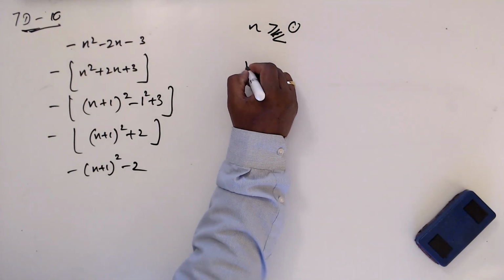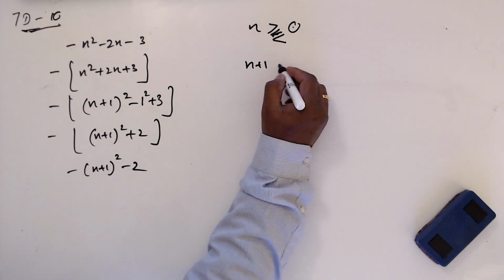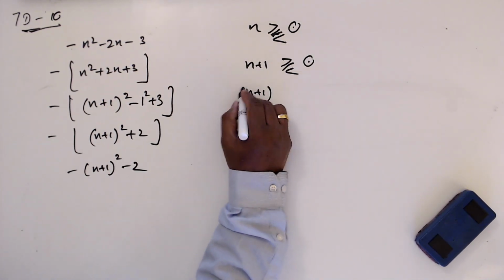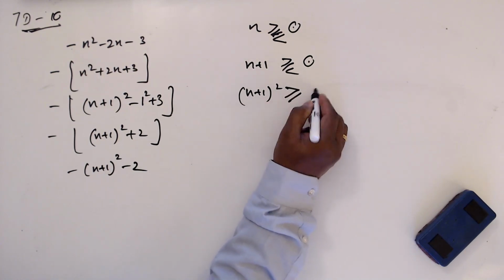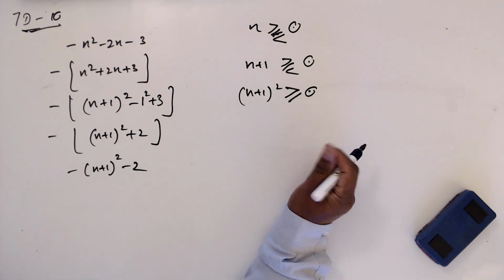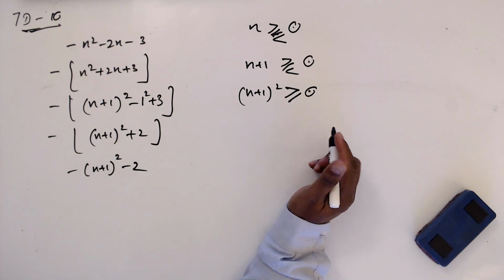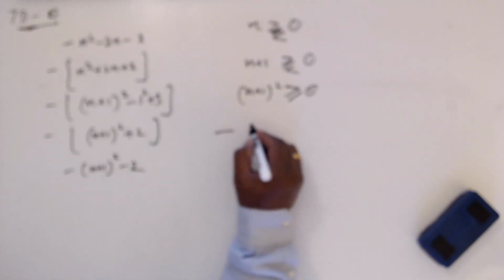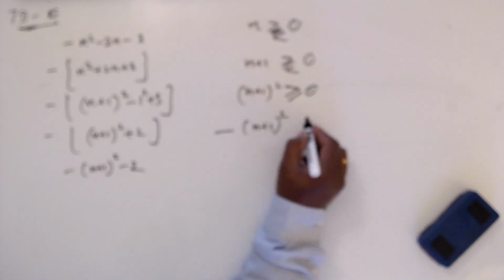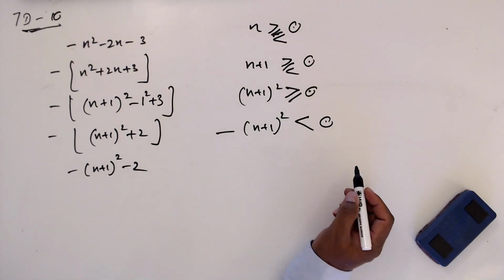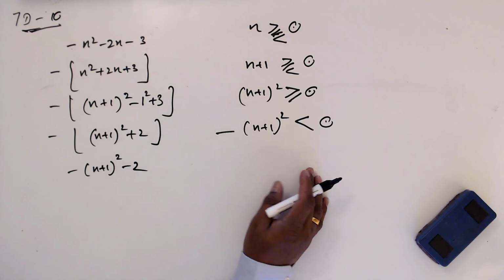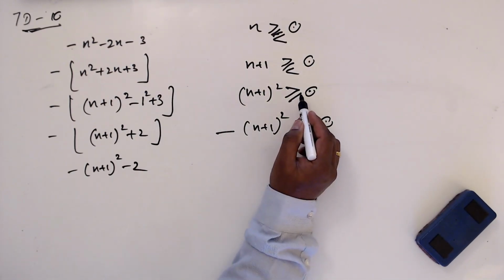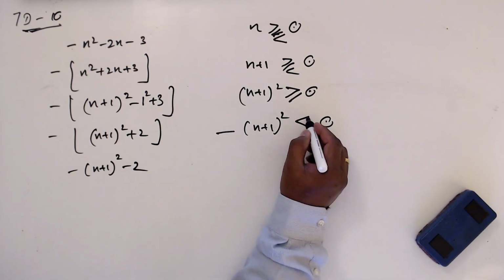Then I add 1, still positive, negative or 0. Then when I square this one, it is greater than or equal to 0. Then if I multiply by a negative value, it is less than or equal to 0, because it will flip. When you multiply or divide by a minus number, the sign will change.